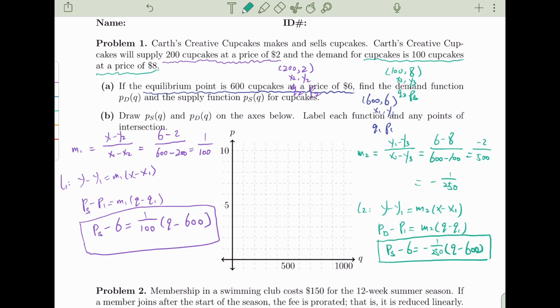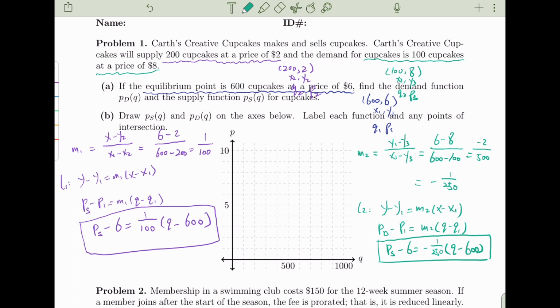So that is question A. How can we find the demand line and the supply line by using the equilibrium point, as well as the 2 points found in the question.